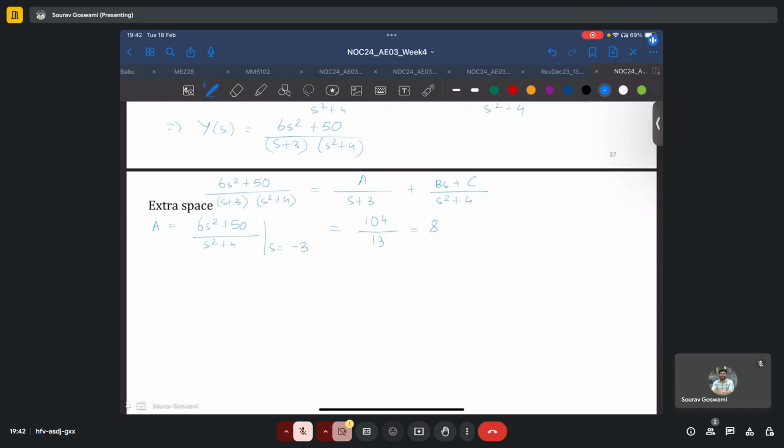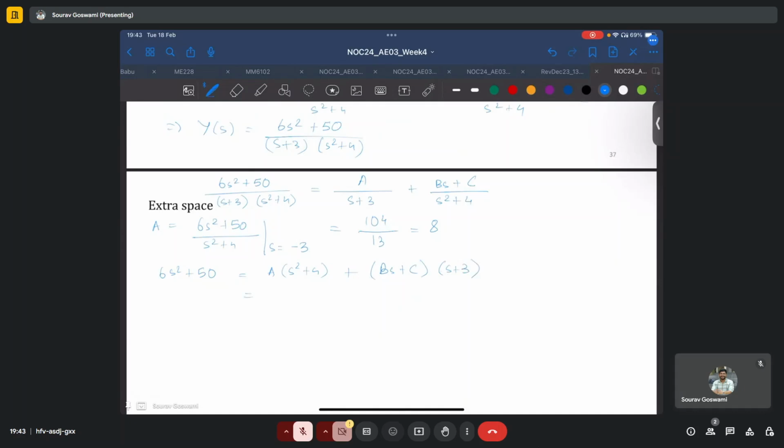For finding B and C, we must multiply out the terms. And if we retain only the numerator, 6s square plus 50 equals A times s square plus 4 plus Bs plus C times s plus 3.